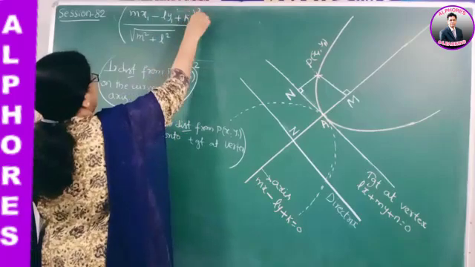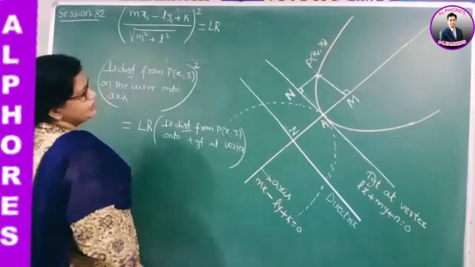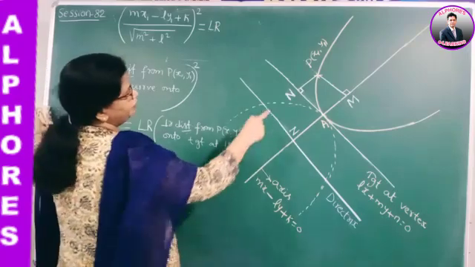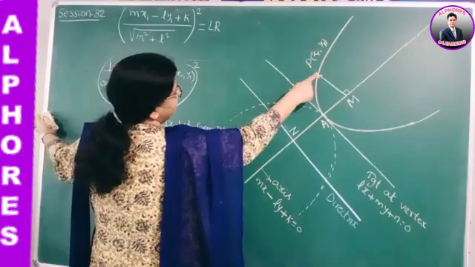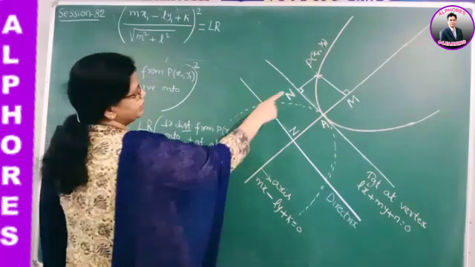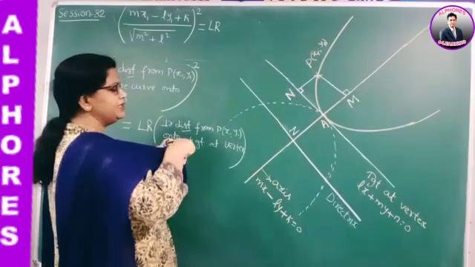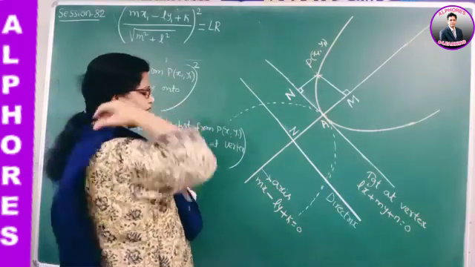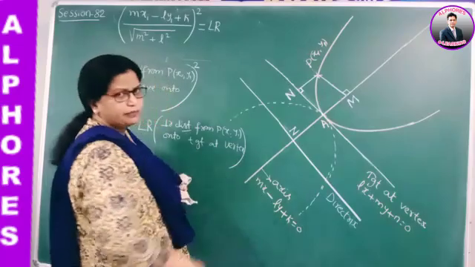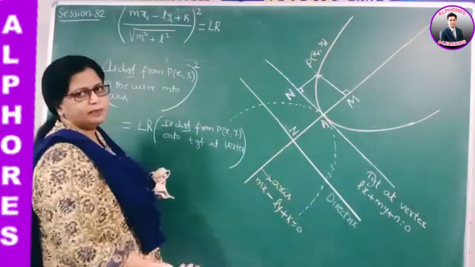So this, to which you have to take the whole square, is equal to latus rectum into, what is latus rectum into? It is the perpendicular distance from P of x1 y1 onto the tangent at vertex. So what is the tangent at vertex? We have taken here Lx plus my plus n is 0. You can name them anyway. Here you can take Lx plus my plus n is 0, and then you can take this as mx minus ly plus k is 0.